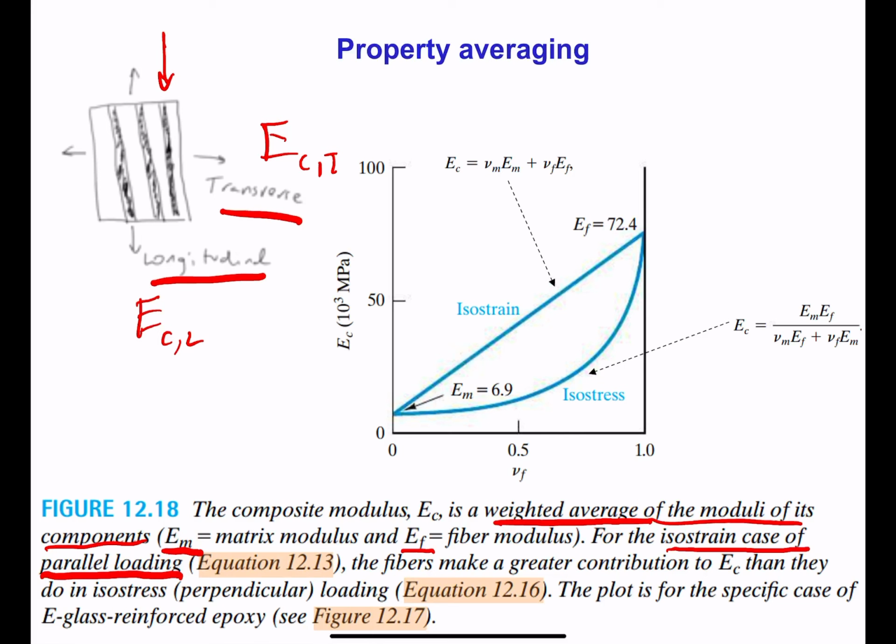So if we're applying stress parallel to the fibers, we're going to get a greater contribution to the net modulus of the composite if we load parallel to those fibers. Similarly, the isostress relation is going to speak more to the modulus of the composite should we be loading transverse to the composite specimen.